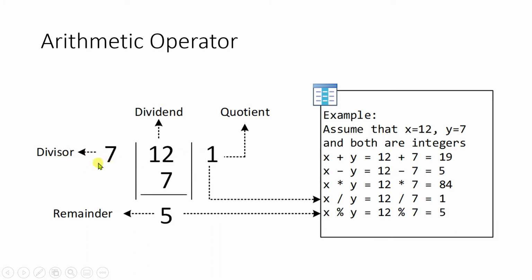When you perform this operation, 7 ones are 7 and you get a remainder of 5. So whenever you perform x divided by y, it does not show the decimal point value, it shows the quotient you get in the division. Similarly, to know the remainder of this operation, you can use the modulus operator, or remainder operator. When you write x percentage y, you get 12 percentage 7, which is 5. I am assuming that you understand all these things.